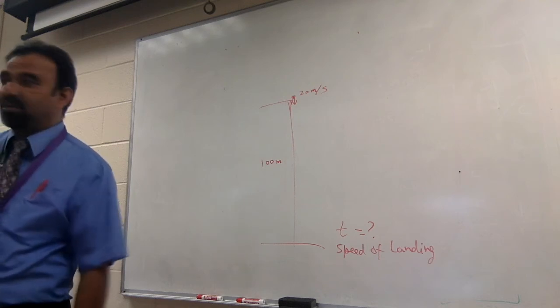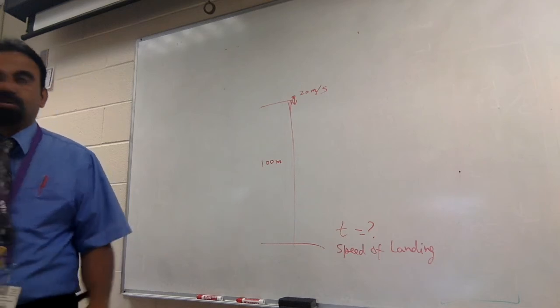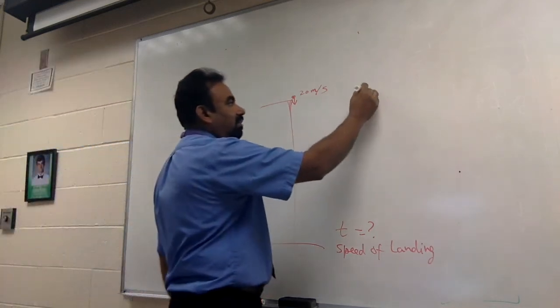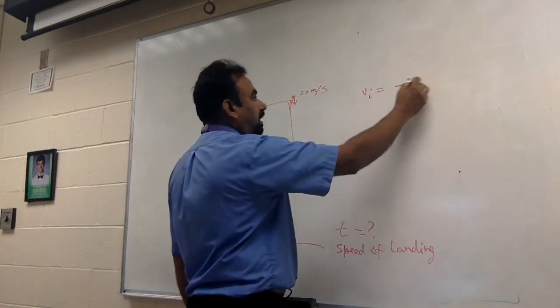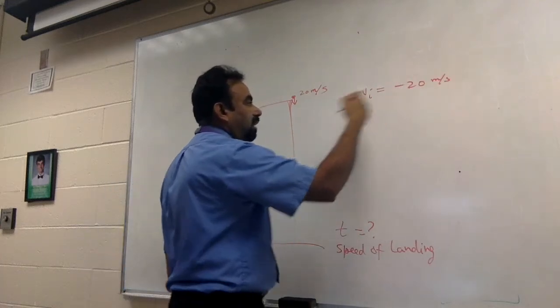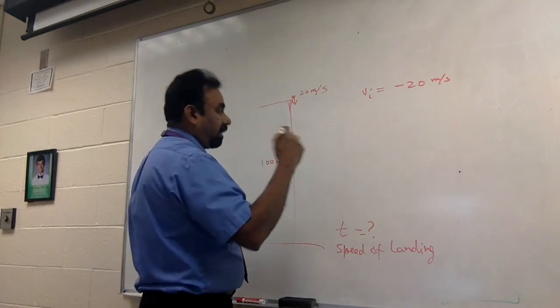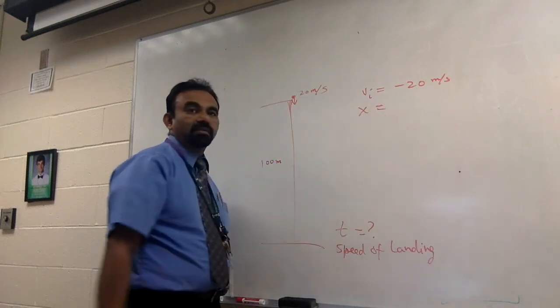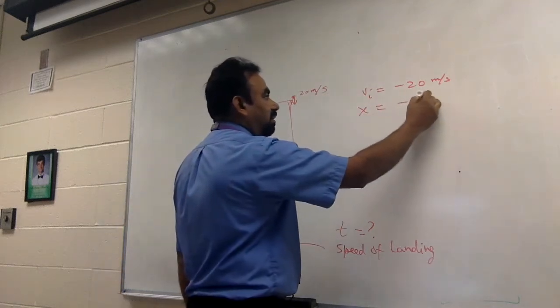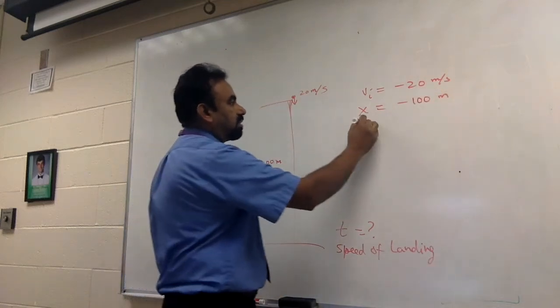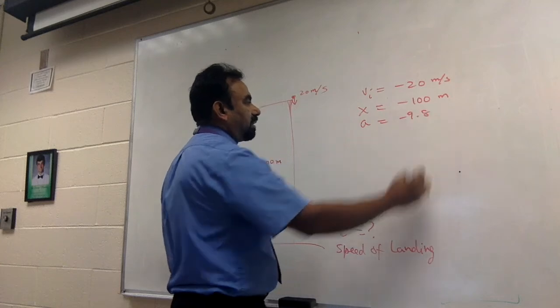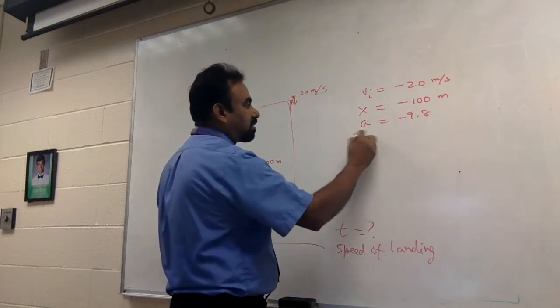They'll say, thrown down. So what you have to do now is take your Vi. What is Vi? Negative 20. Remember that part. And then displacement: what is the displacement? Negative 100. And acceleration is negative 9.8. All negatives. And the question is, what is the time?